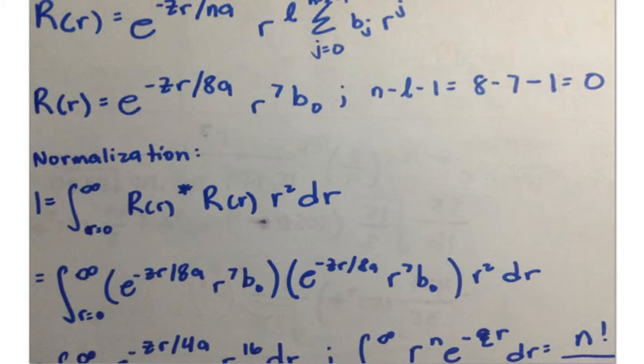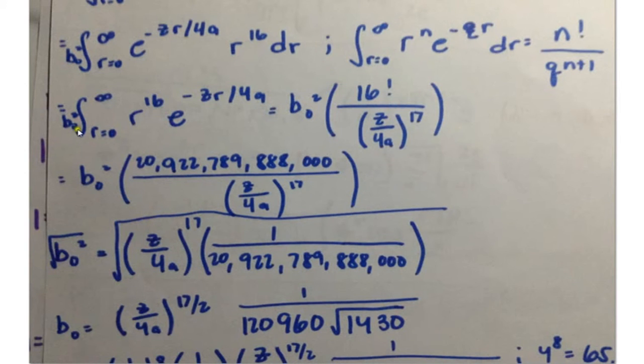Expanding or simplifying the equation, we will get b0 squared integral of e raised to negative Zr over 4a. So why did it become 4a? Well, in the rule of multiplying numbers with the same base with powers, we simply add the powers.